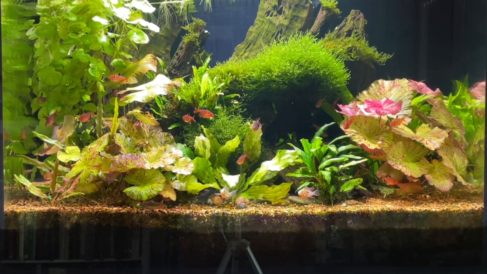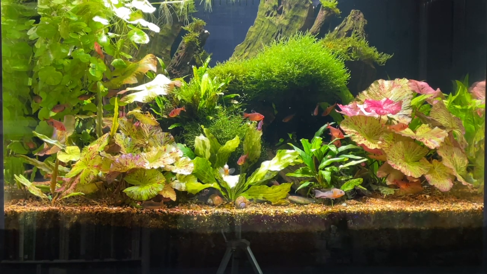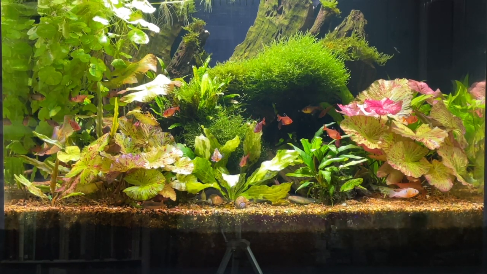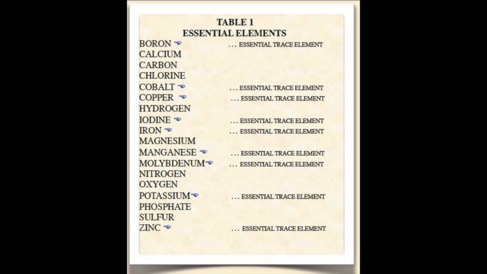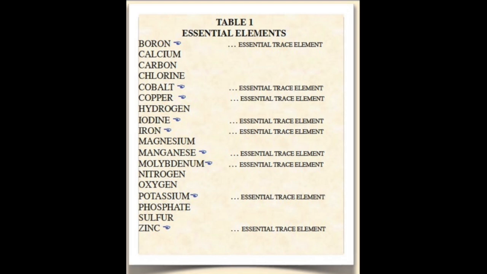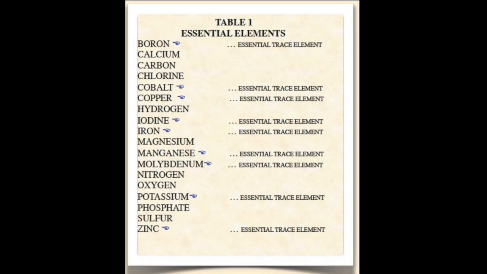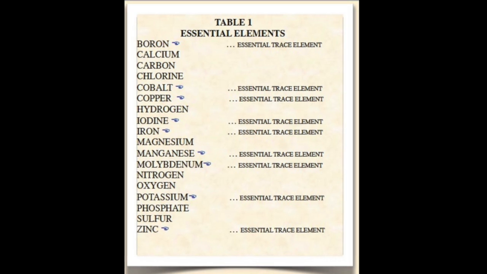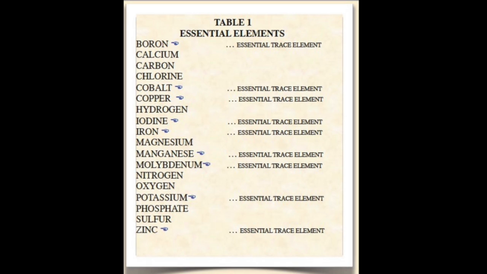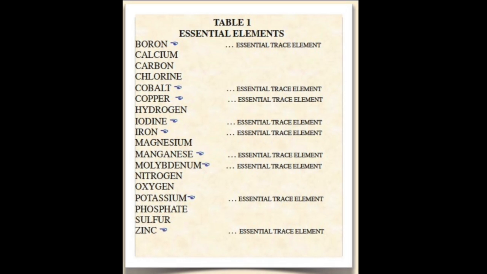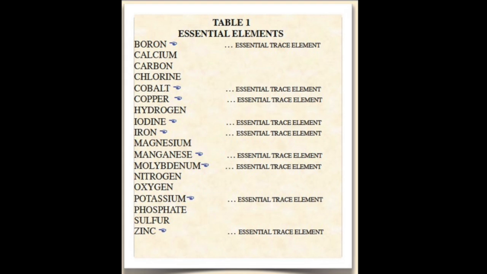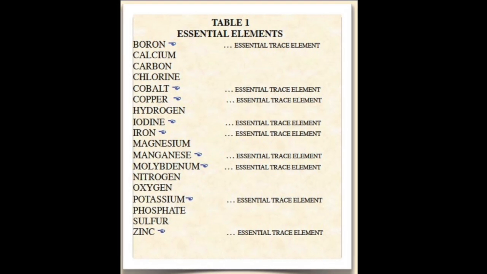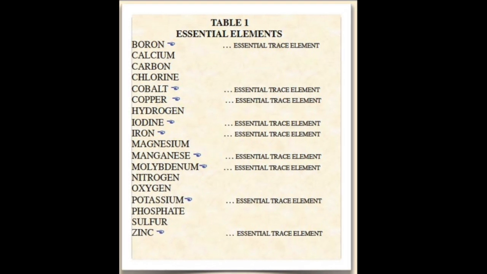Of the 18 essential elements as shown in Table 1, only 9 are essential trace elements. The other 9 essential elements, along with trace elements boron, iodine, and potassium, are available in all systems at a nutritional level much higher than what any organism requires.